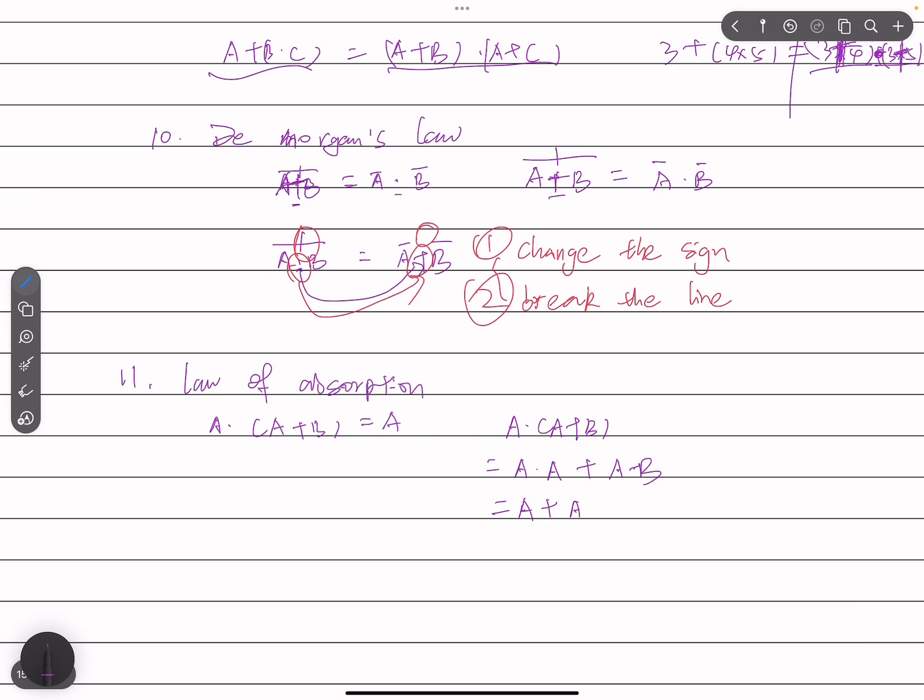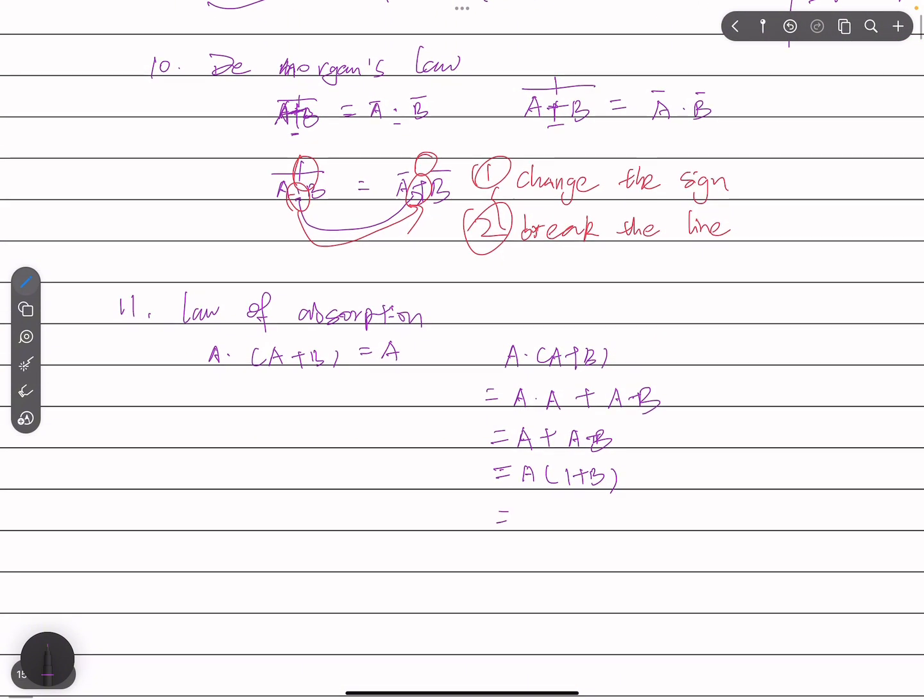Now we change it back, it will be A times (1 plus B). 1 plus B is always 1, so it will be A.